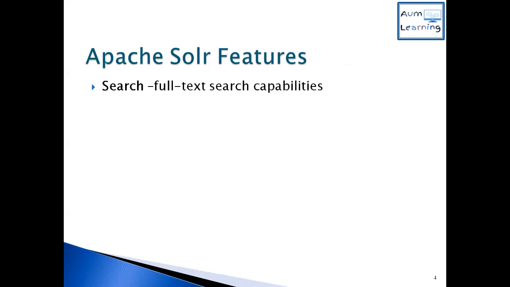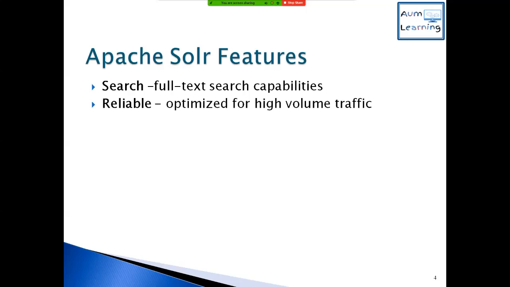It provides full text search capability as well as tokenized search capability. That means, let's say you want to search this word, search. We can specify only the first three letters. It will search only all those records which match the first three letters.